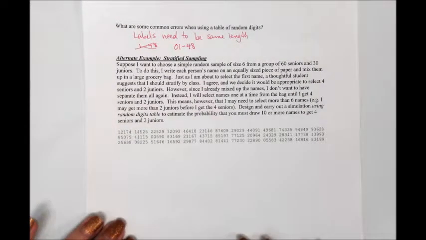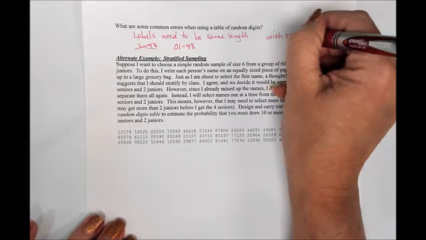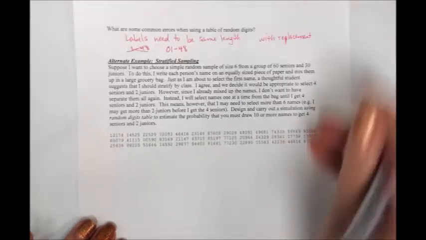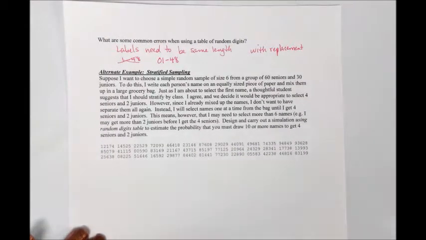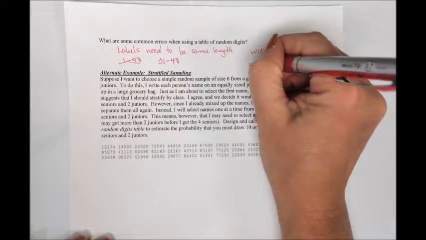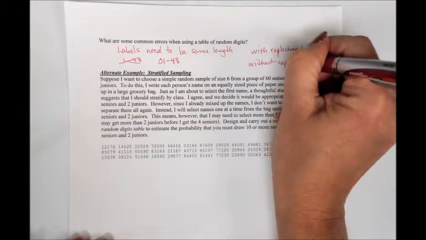And also, is it with replacement? Can I have repeats? So with replacement is kind of like the one I just did. Since the digit represented making or missing a shot, I could have a repeat digit. But if it's assigned to a person, then I'm not putting it back in.